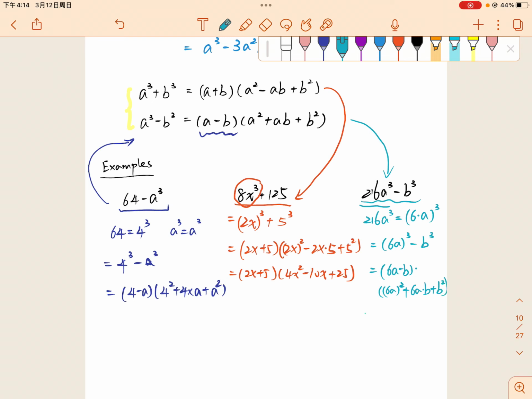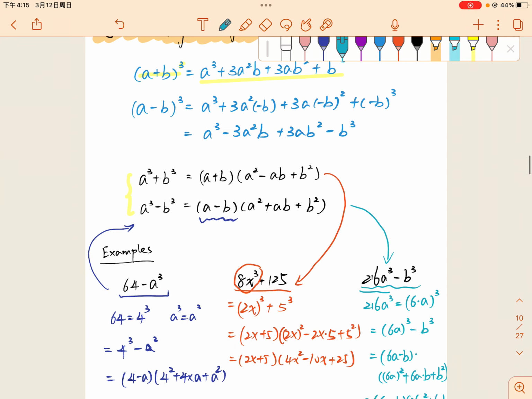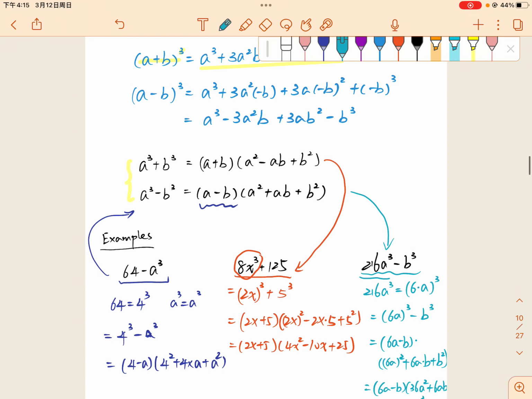Then we simplify this, giving us (6a minus b) times (36a squared plus 6ab plus b squared). Right, so this part is just for the sum and difference of cubes. If you are still struggling with this one, please email me and I will send some other questions for you to practice.